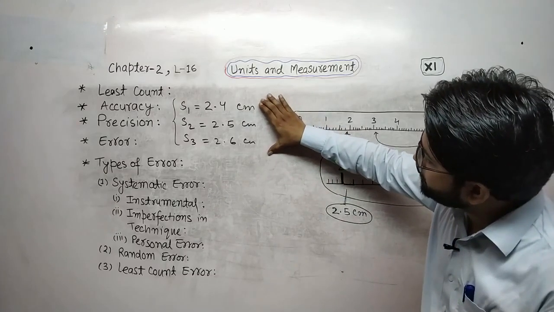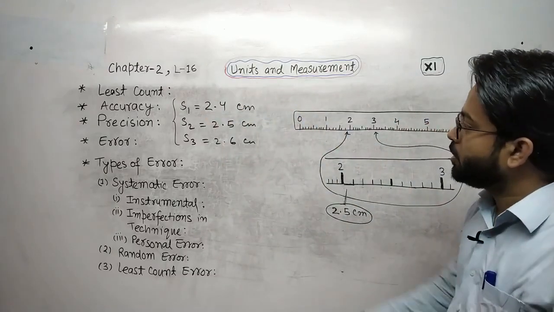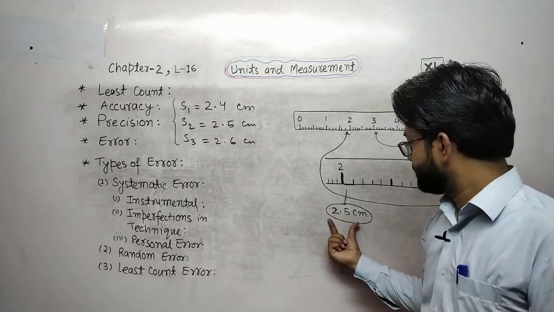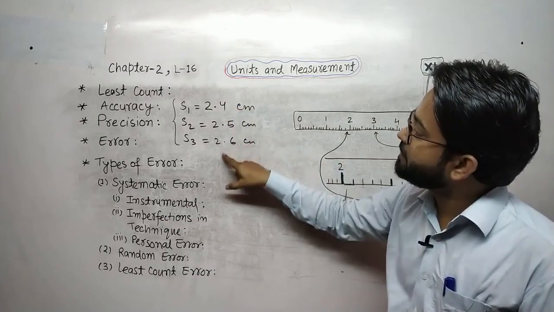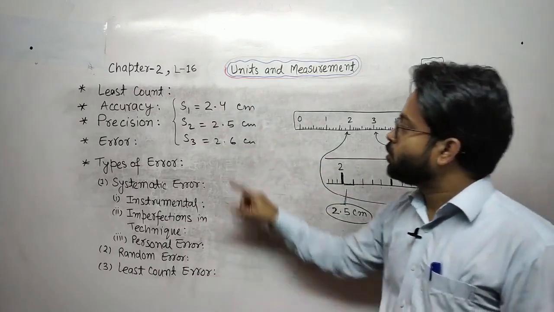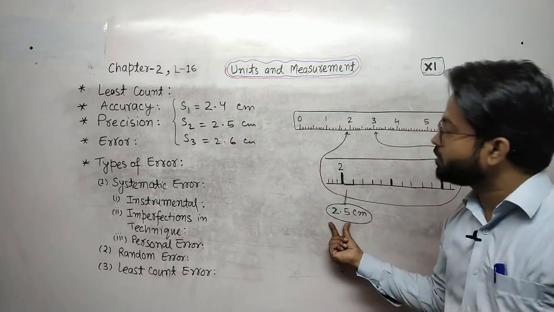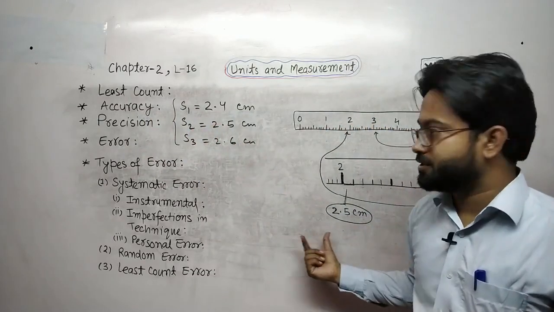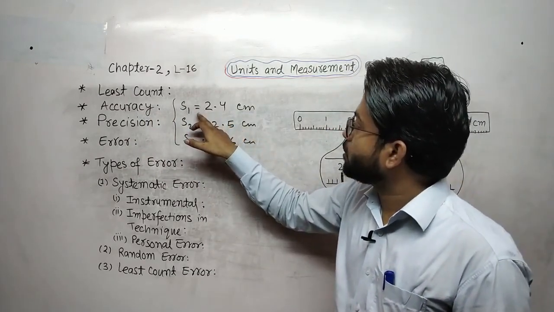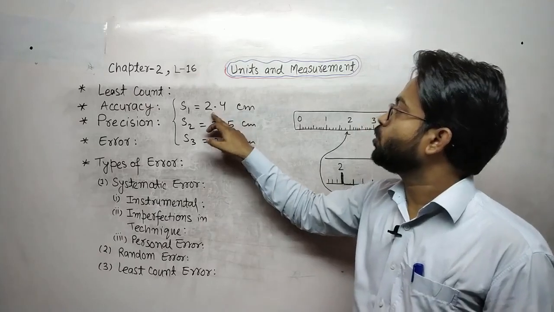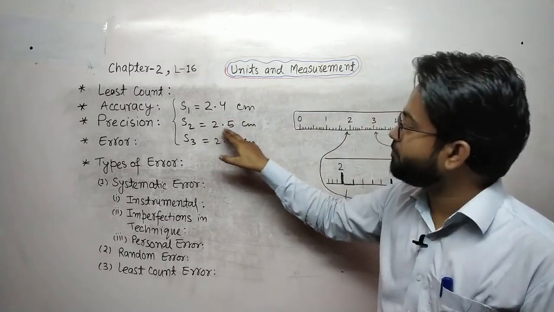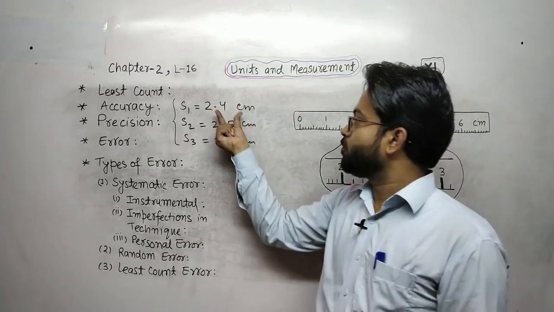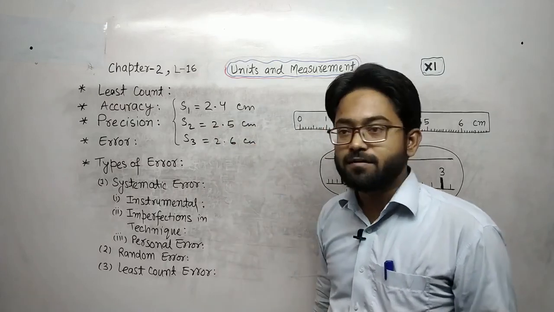You will see that among these 3 measurements, 2.5 is closer to the true value than the other 2 values. 2.5 is just equal to the true value, that's why it is the accurate one. As compared to 2.5, 2.4 is less accurate.